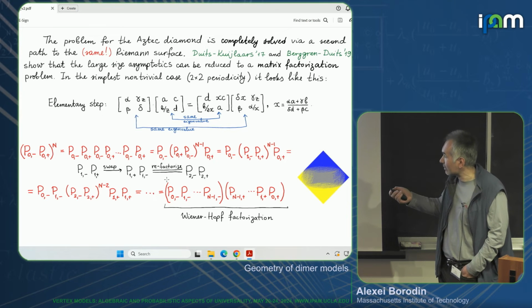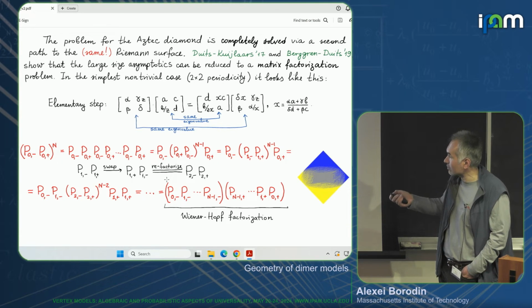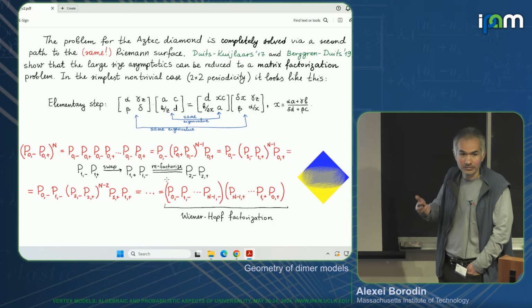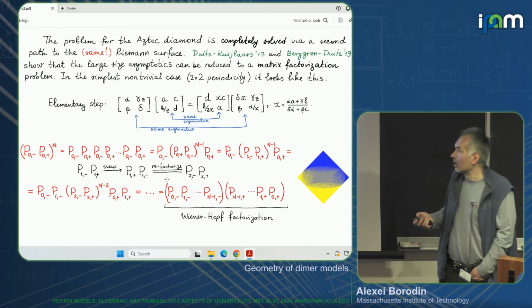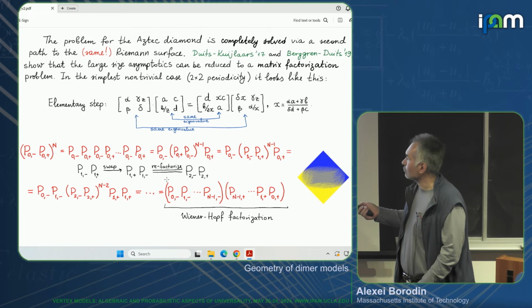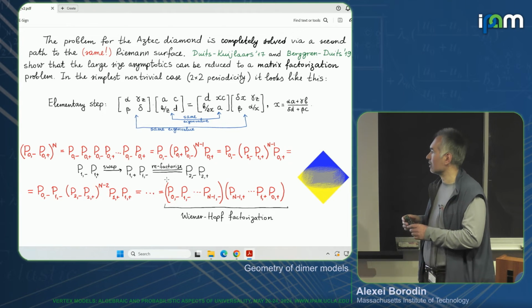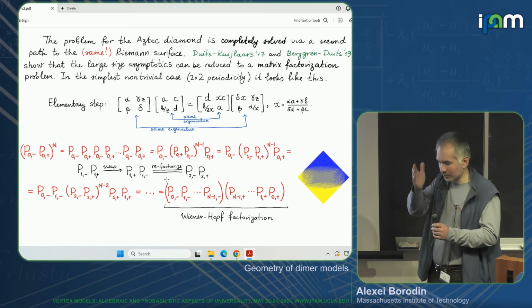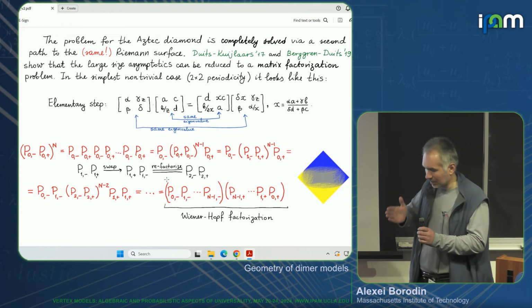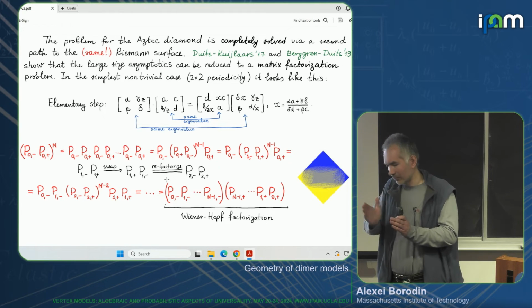There is an x here that's a new thing, and that's just expressible in terms of the matrix elements. Right? That's all. And what do these matrices have to do with the Aztec? So just in one word, one can slice the Aztec, and then one can look at transfer matrices.